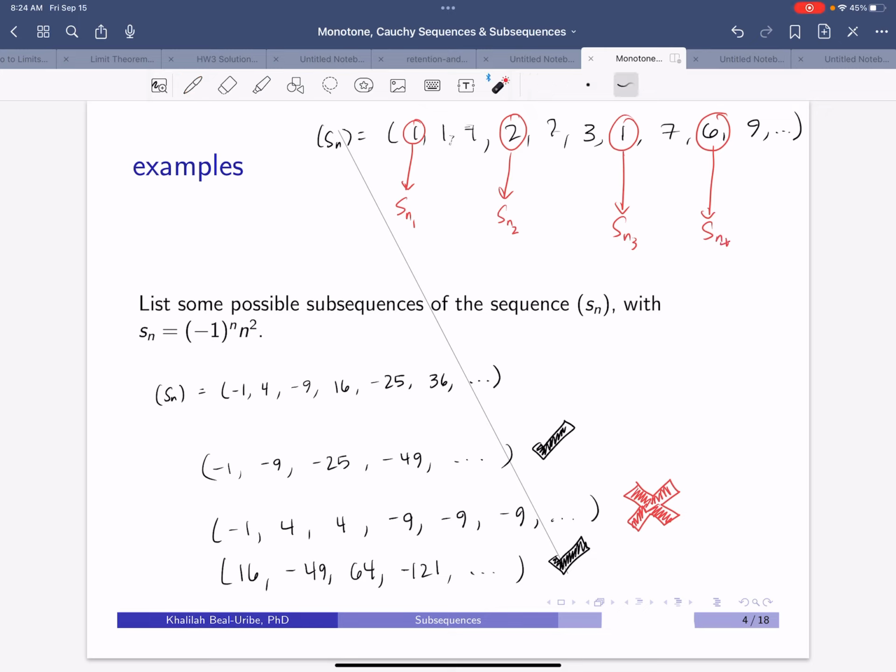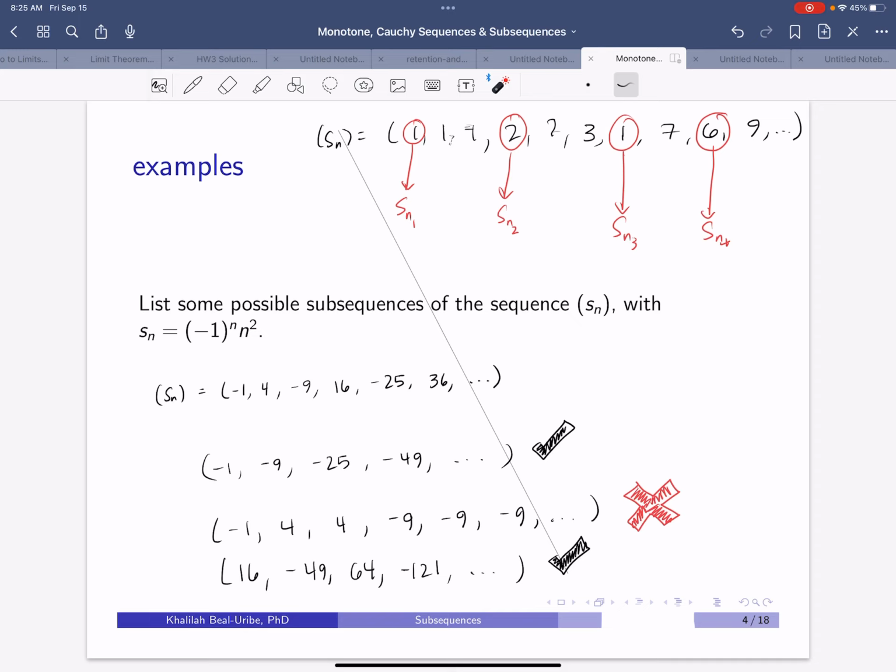So it's not like your subsequences have to be monotonic. They don't have to be monotonic, but what has to happen is you cannot repeat a term. So once you pick, say, the nth term, then for your subsequence, the next term in your subsequence has to have a higher index than the previous one.